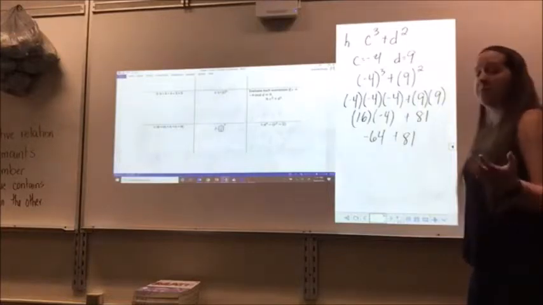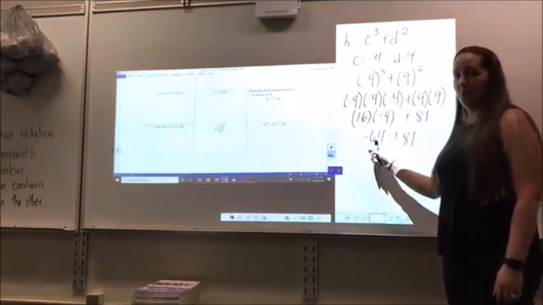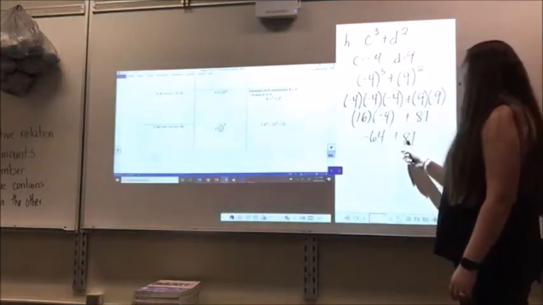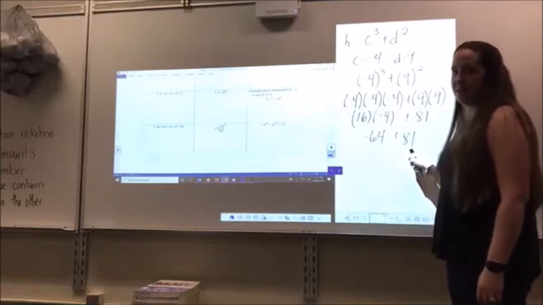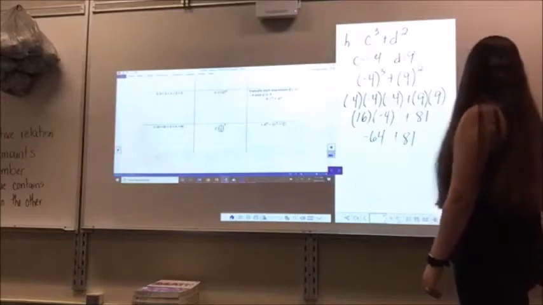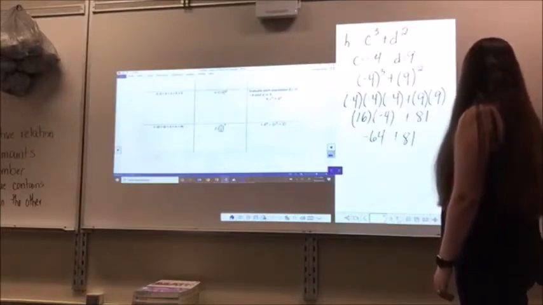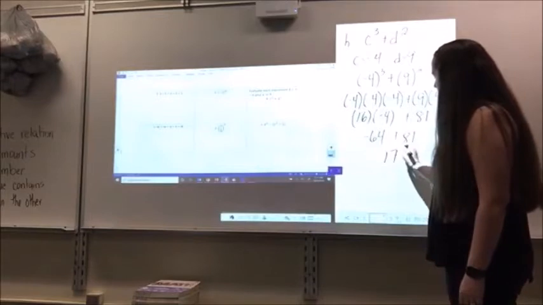So my answer is going to be positive because 81 is larger than 64. Okay? So they're different signs, so they're enemies. 81's going to win because 81's bigger. Okay, and 81's positive, so my answer is going to be positive. Now, when I figure this out, I can actually just subtract them. And I'm going to get a positive 17.